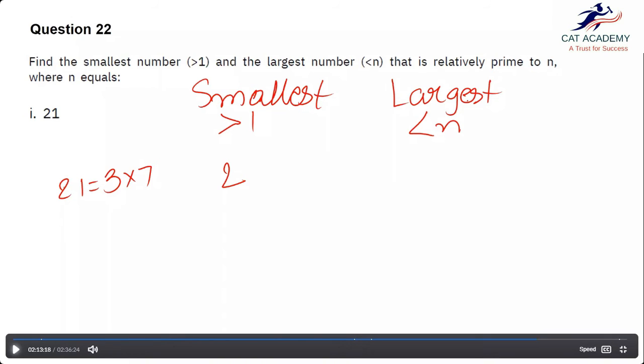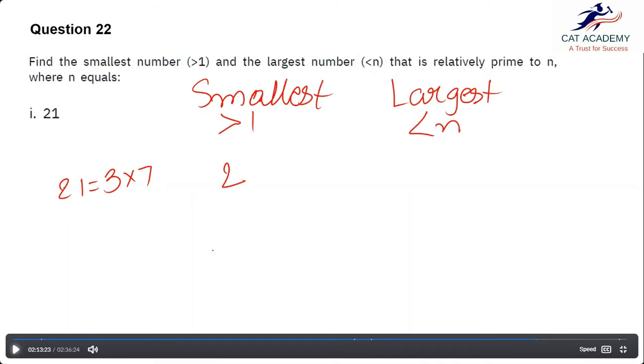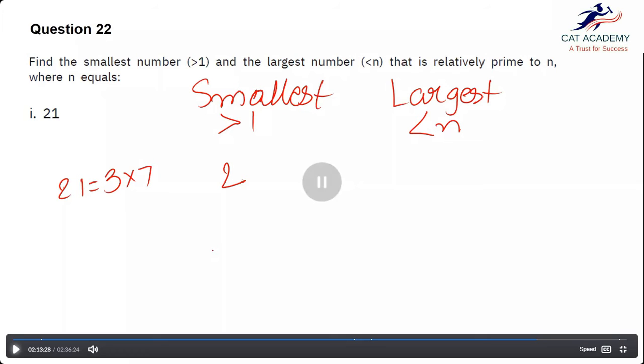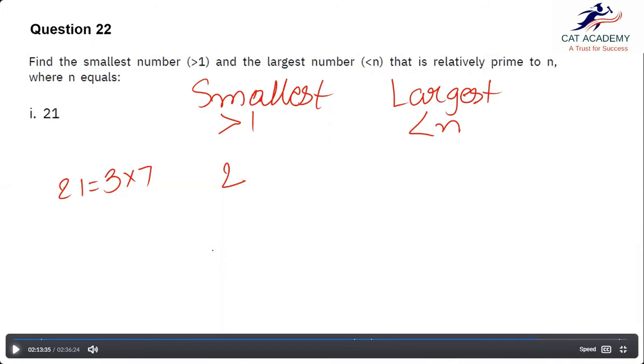So, see, which is the smallest possible common factor that I can have between any two numbers? One, no. One, we do not consider as a factor.